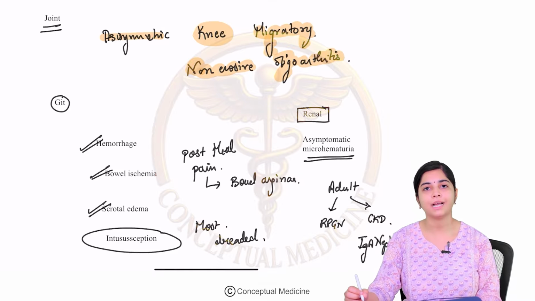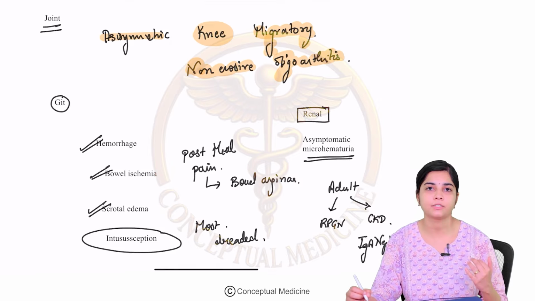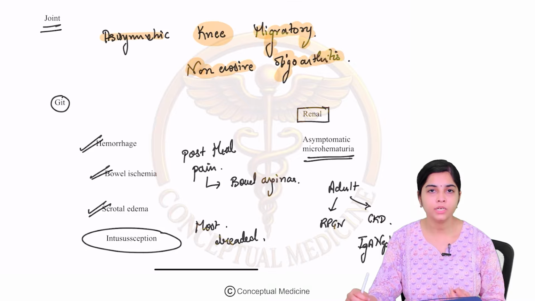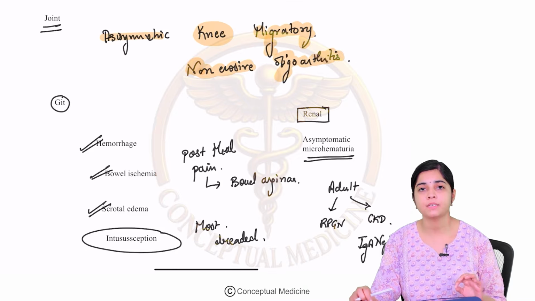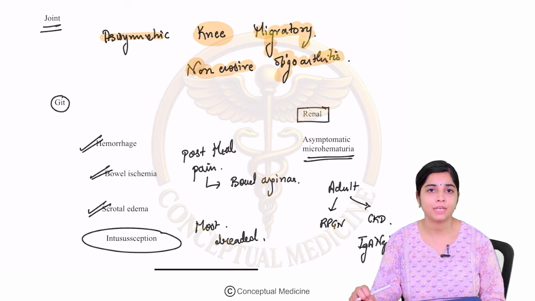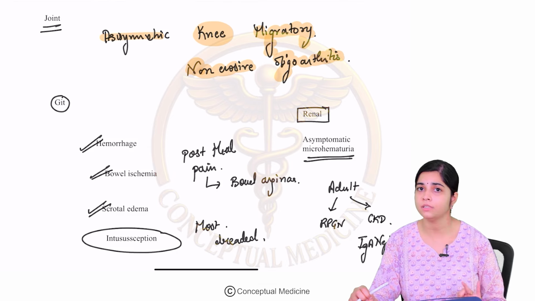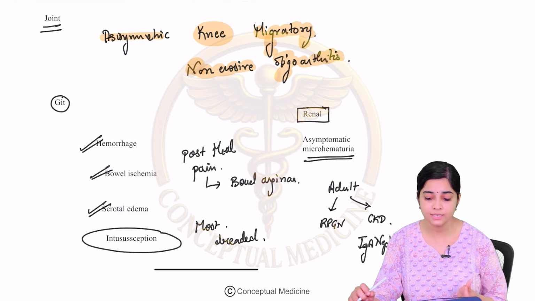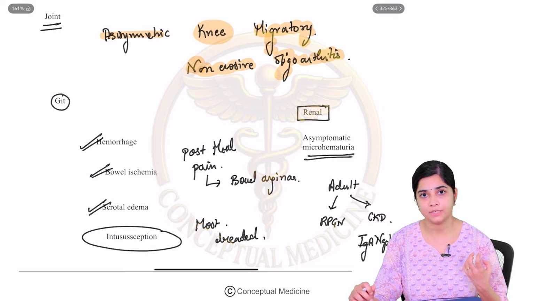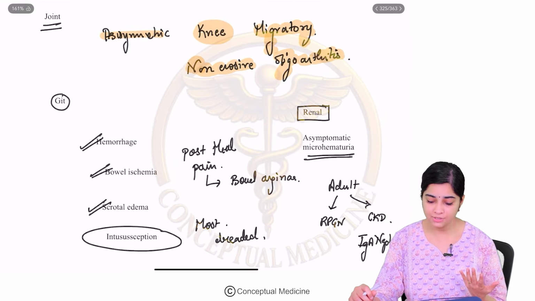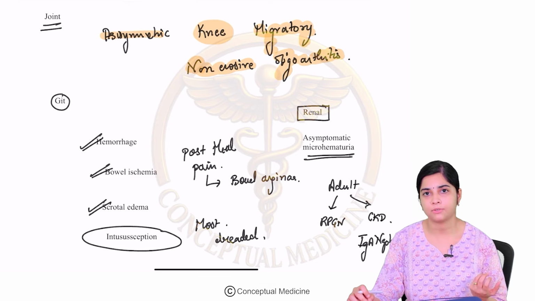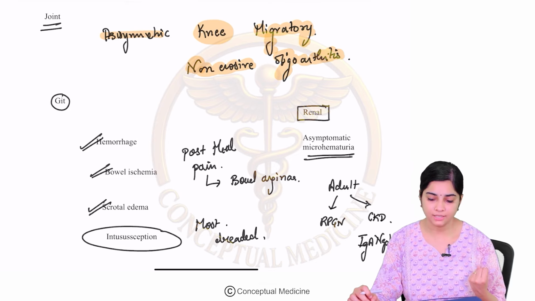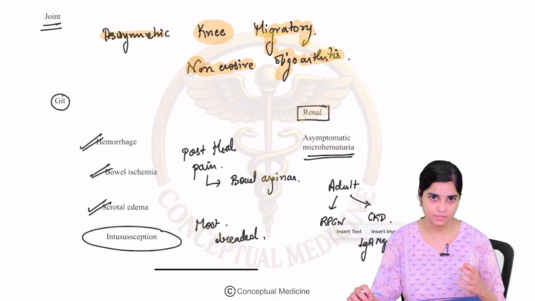Because of an associated IgA nephropathy, it can progress to CKD as well. So these are the characteristic clinical features you have to remember for HSP. You have a bilateral symmetric palpable purpura, asymmetric oligoarthritis which is migratory in nature, non-erosive, predominantly involving the knees. You can have GI involvement which can result in GI bleeds, bowel angina, the most dreaded complication intussusception, and asymptomatic microhematuria as a renal manifestation.